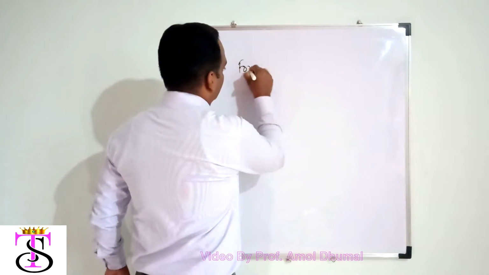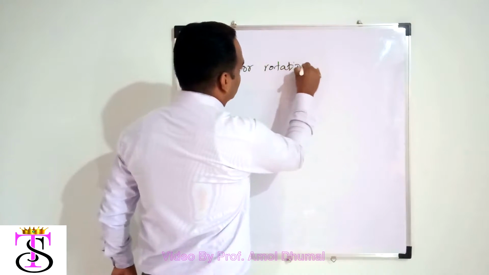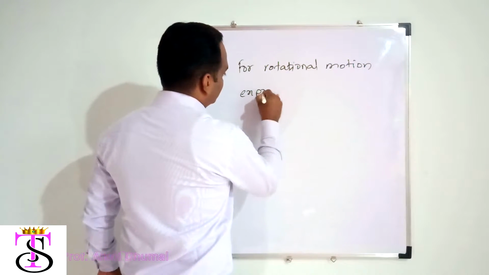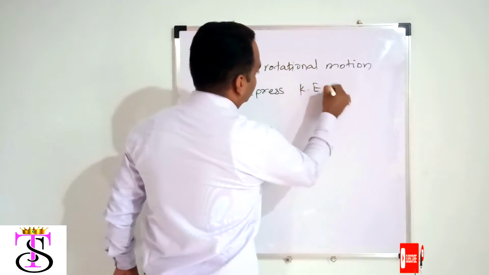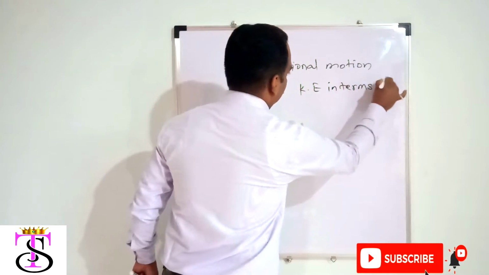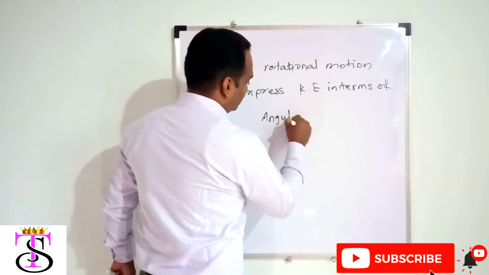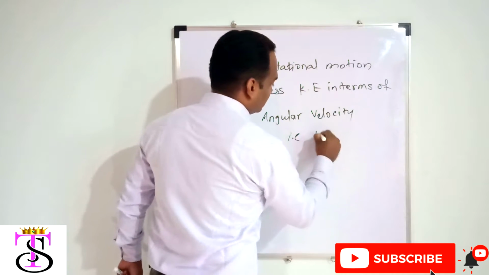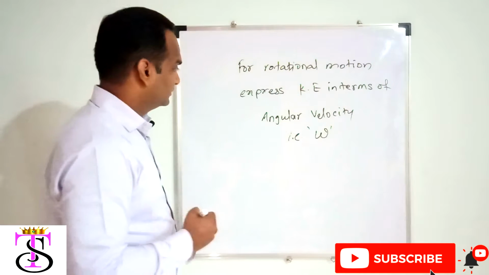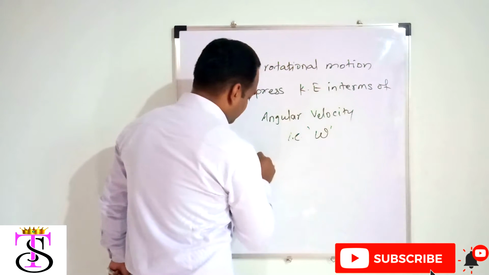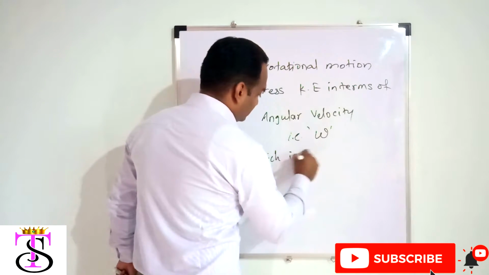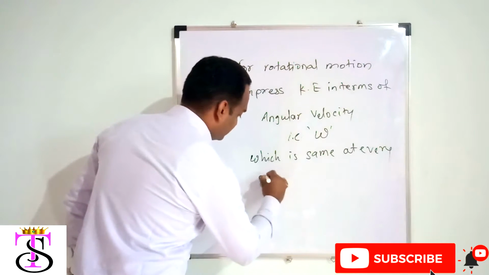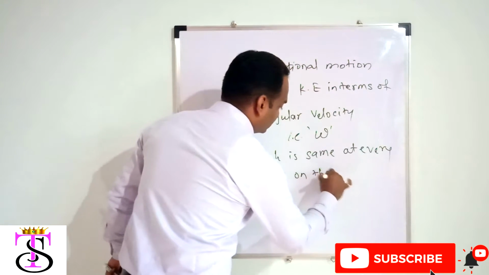So for rotational motion, we have to express the kinetic energy in terms of angular velocity, that is omega, which is the same at every point on the rigid body.